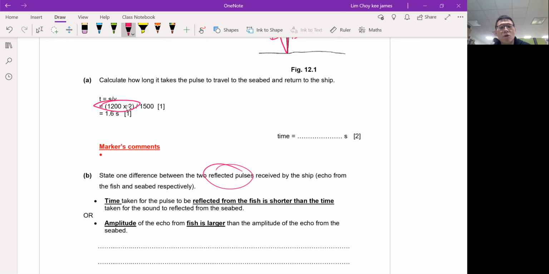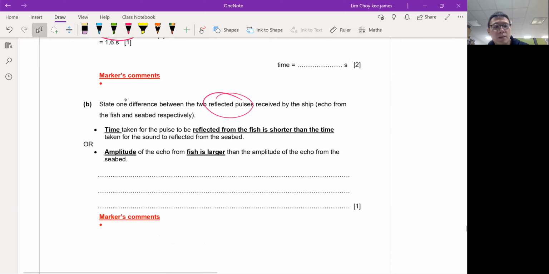But the question is asking about the pulse itself. What are the differences between the pulses, not the environment where the pulses exist? So the answer that we accept is usually things pertaining to the pulse itself. That's why we only accept these two, particularly the last one, which is the better one. So I will not dwell too much. It's quite common sense.